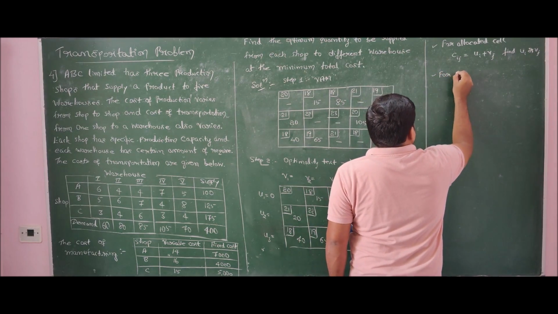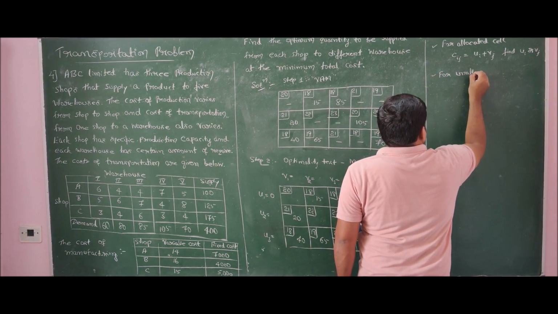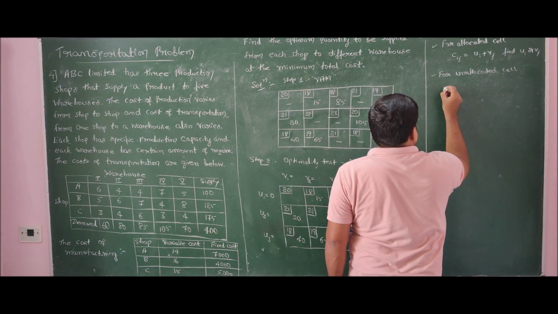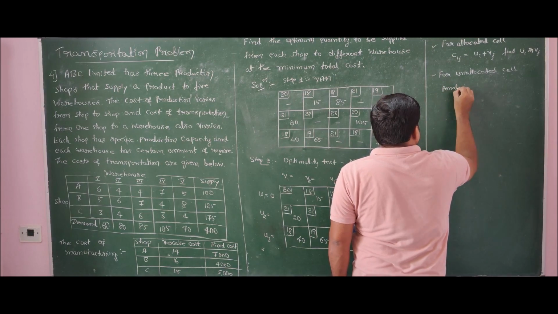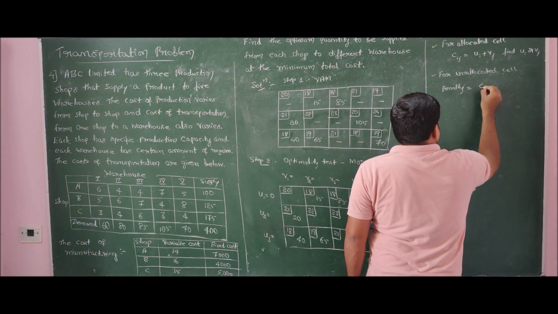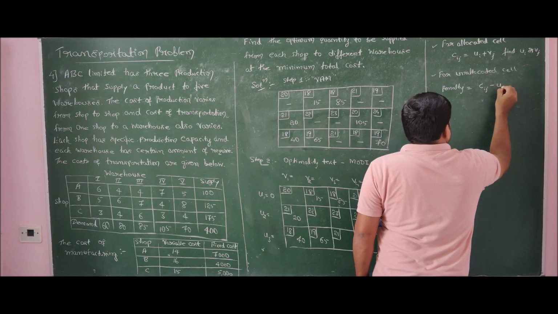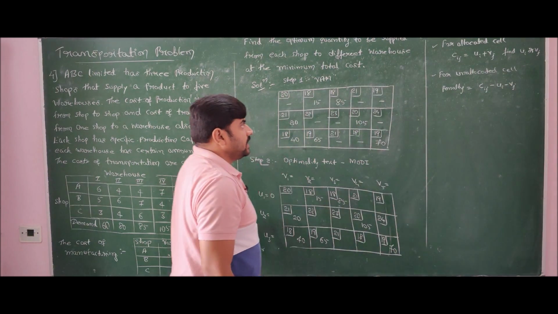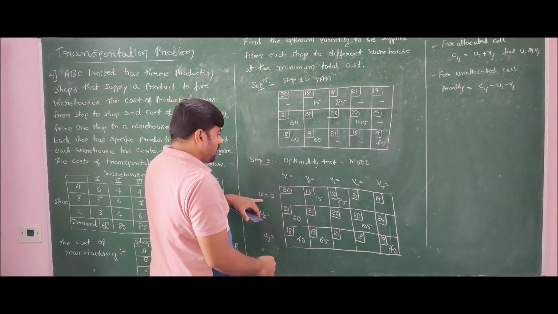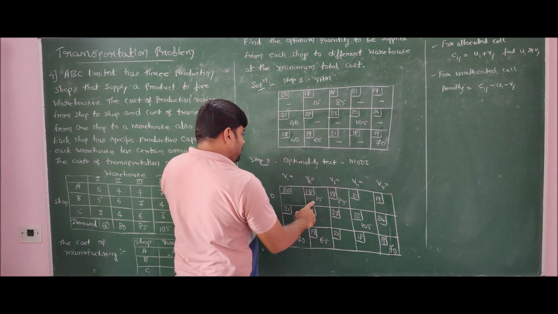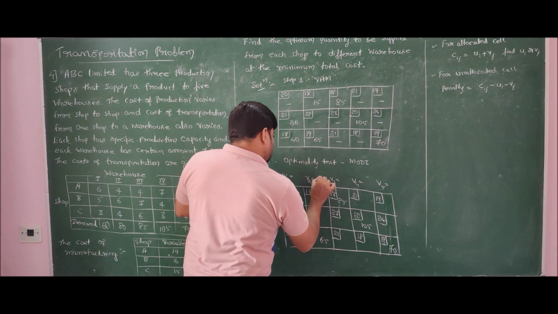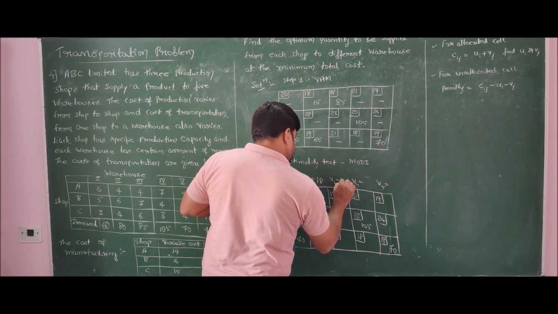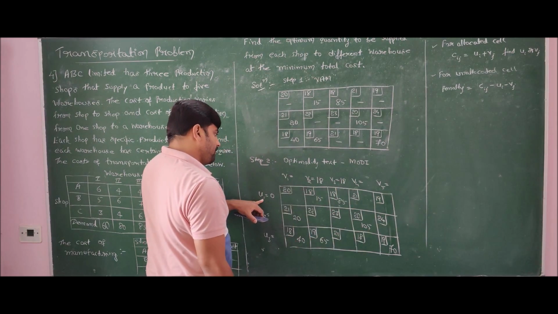For an unallocated cell, find the penalty. Penalty is equal to cost Cij minus Ui minus Vj. Right? Now for the allocated cell, I have U1 as 0. Since we have allocation, cost is 18, so V2 should be 18. Here I have allocation, cost is 18, so V3 should be 18.